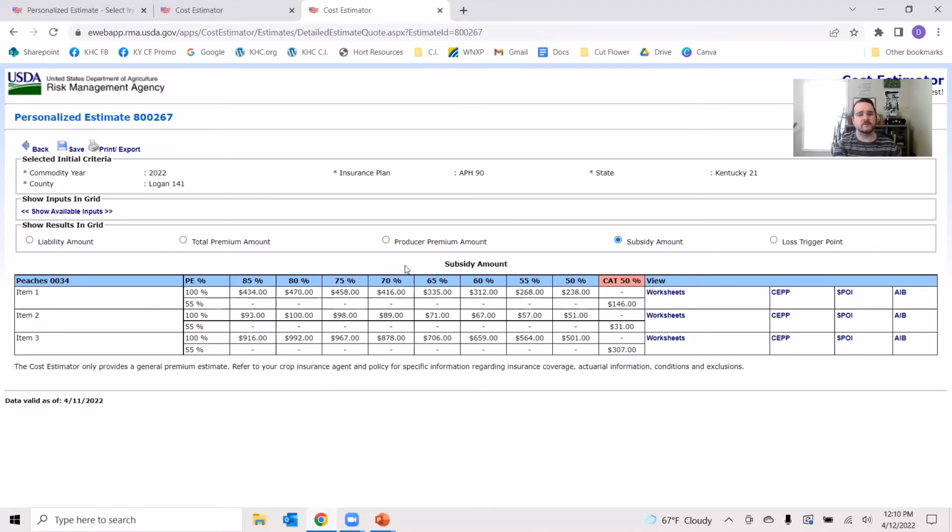You can see around 75% is where the subsidy is more than what the producer is going to owe. So once you get to 75% for this first farm, the producer is paying $375, while the subsidy is $458.